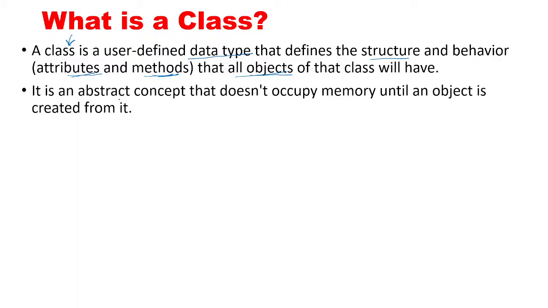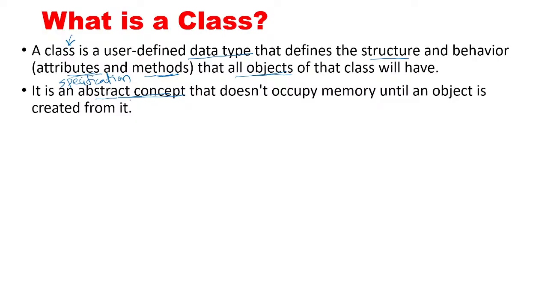It is an abstract concept. This we should remember: a class is an abstract concept. That means physically it does not exist, it exists only as an abstraction. It is just like a specification. We can say that a class is a specification that defines the structure and behavior of all the objects related to that class.